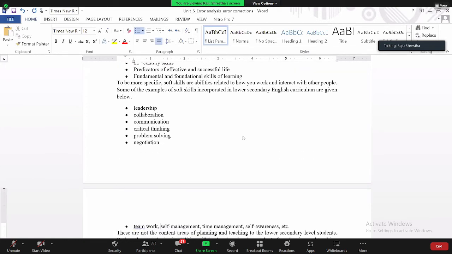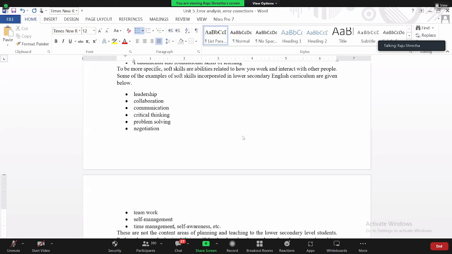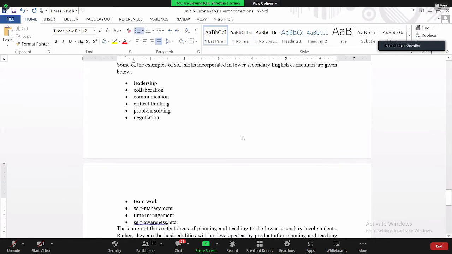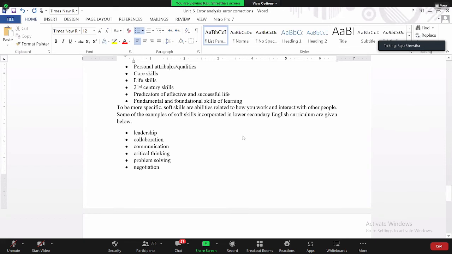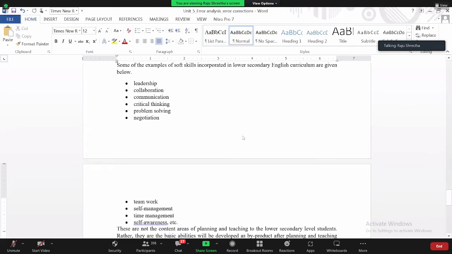We expect students to work in teams rather than in isolation, to have the ability to self-manage, to be time managers. Then they develop self-awareness. These are a few soft skills that we can generate from the lower secondary English curriculum.